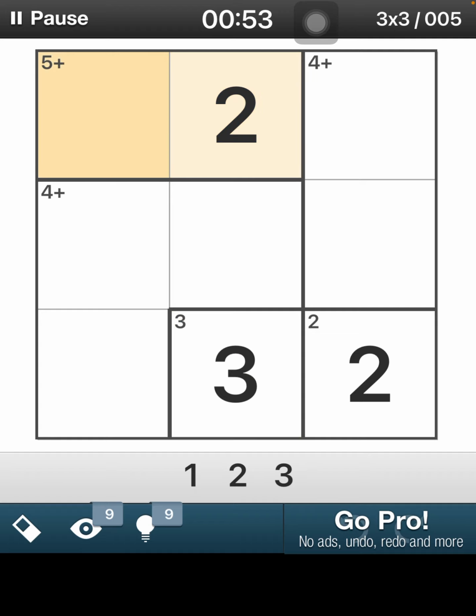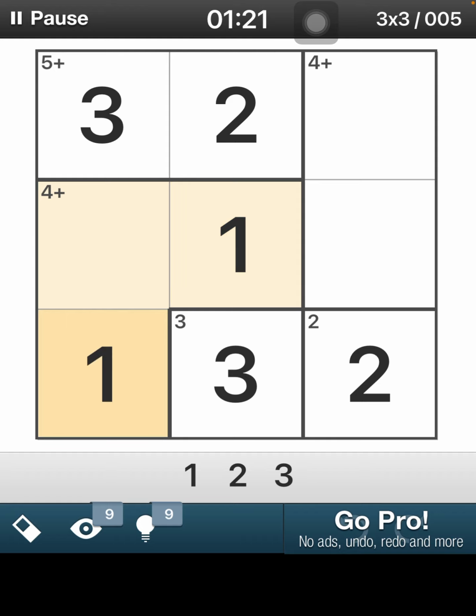Now this one. 5, which is the total, minus 2 would give me 3. And then this box, I know the column already has 2, 3, so it needs to be 1.